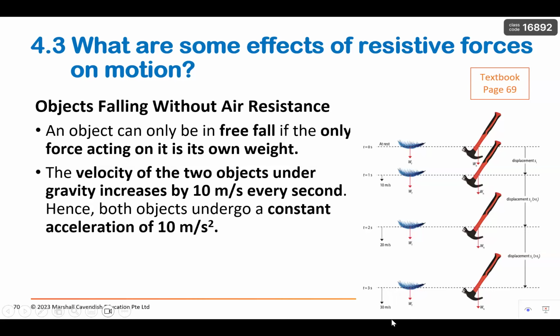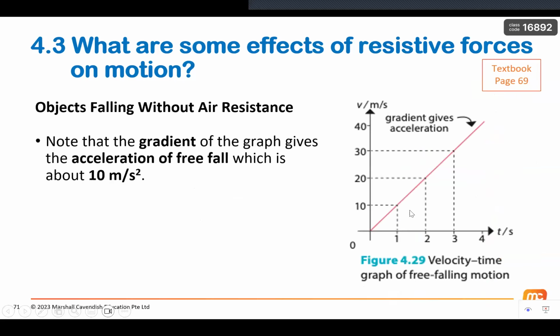Okay, so over here we have a feather and a hammer dropping down. Both of them will drop at the same rate, which is always 10 meters per second squared. If we were to plot a velocity time graph for an object falling without air resistance, that means only under free fall, we will see that the velocity of the object increases by 10 for every 1 second.